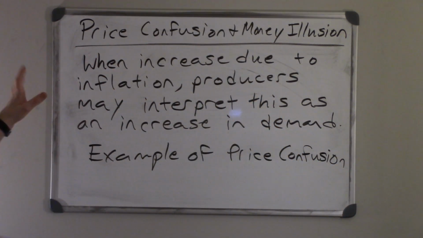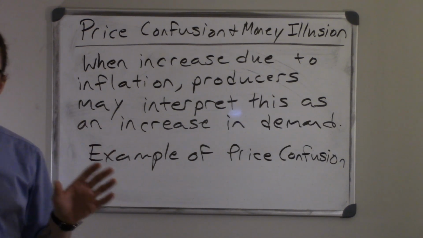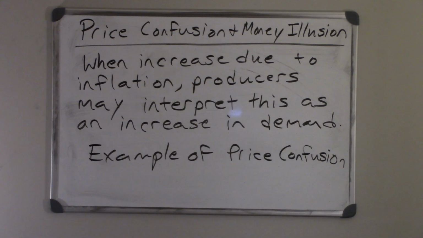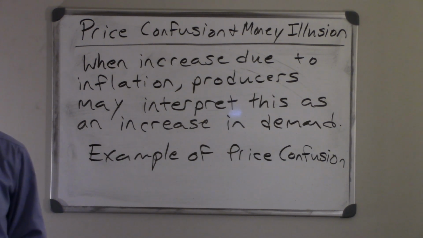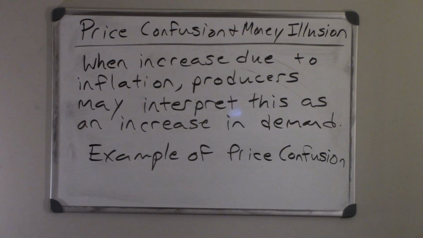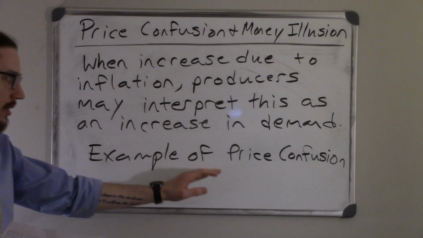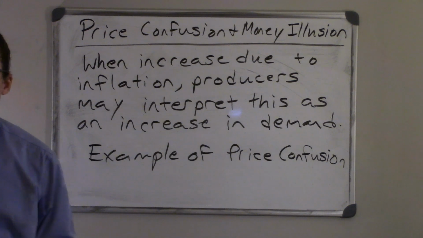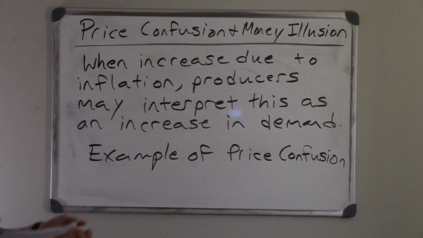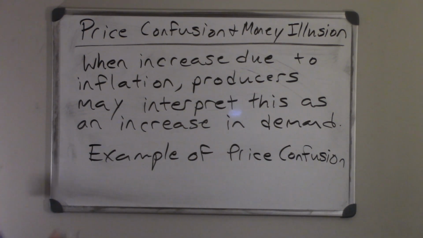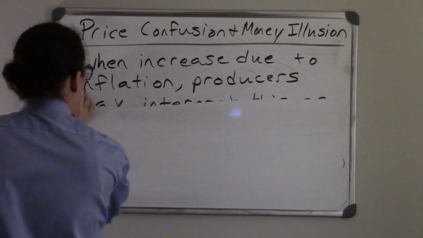All right, so again, kind of misinterpreting this increase in price due to inflation as an increase in price due to an increase in demand, right? Increasing their quantity supplied, right? When in fact the demand did not change, right? And so you're wasting those resources. All right, so that is price confusion.